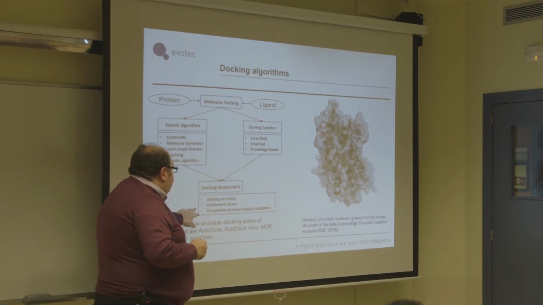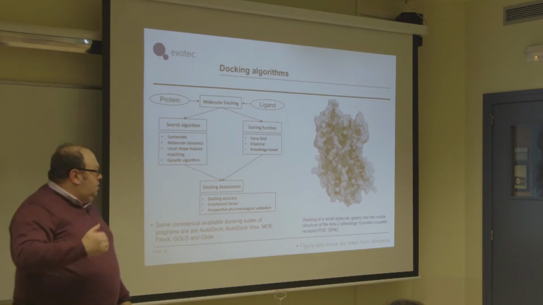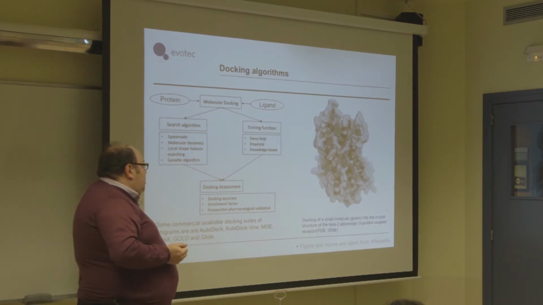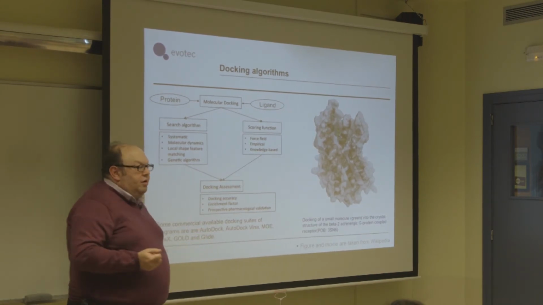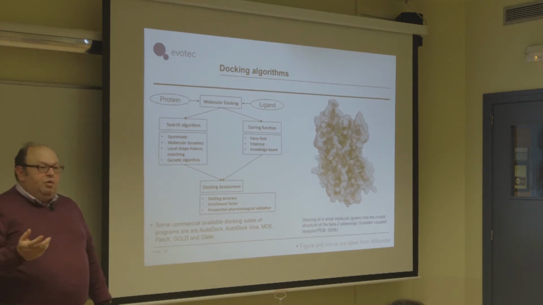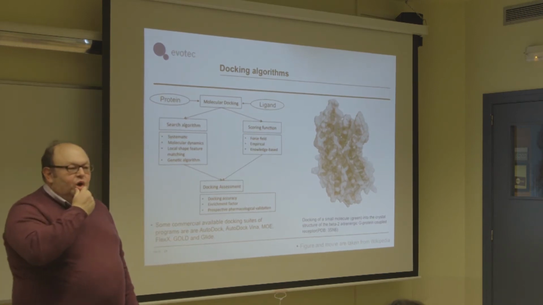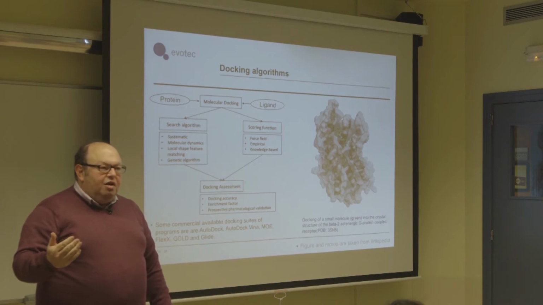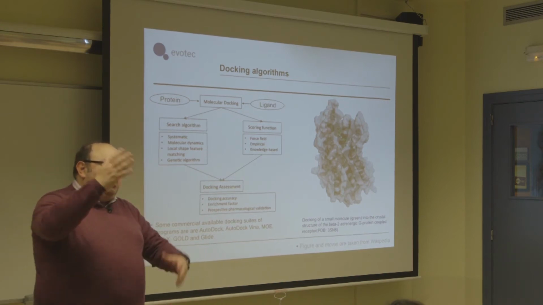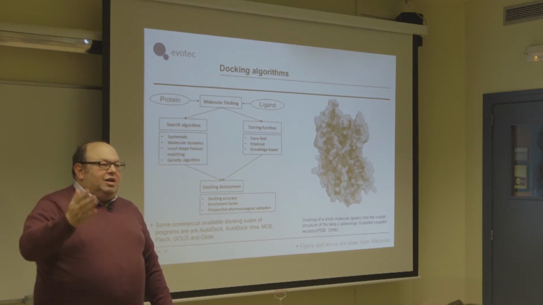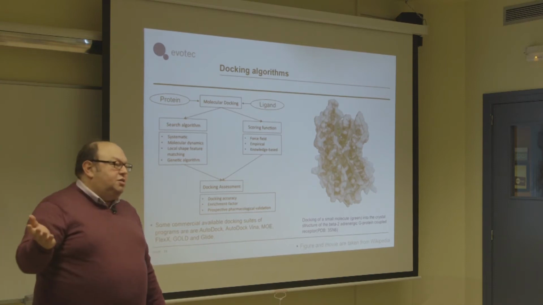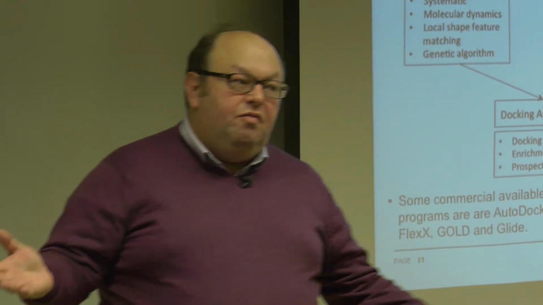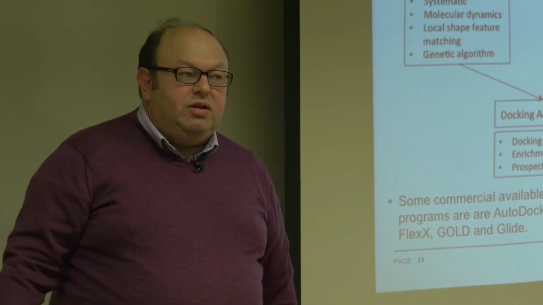And finally, it's all assessed, ranked, and you choose one. Since usually you already have some experimental data for your project, you see which of those poses can explain the data the best. So again, a very empirical, very practical way.